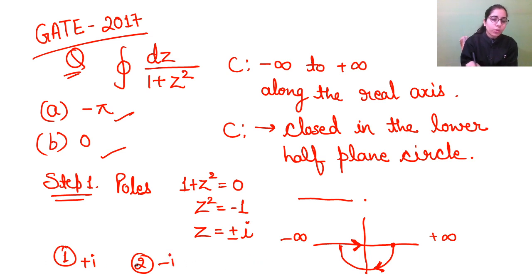So you just need to write 1 or 2. According to you, which one will be present within this contour? 1 or 2? Just mention it in the comments. Which pole will exist within this contour?